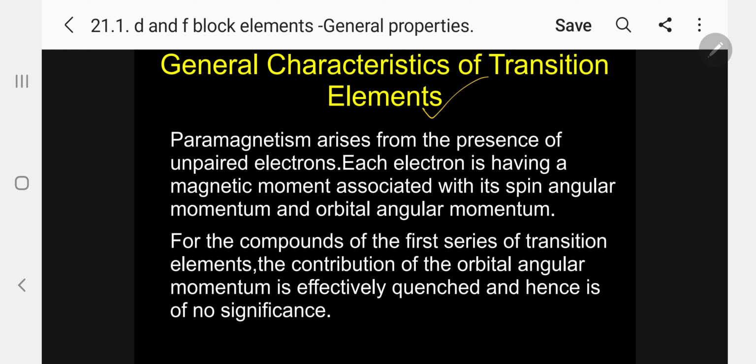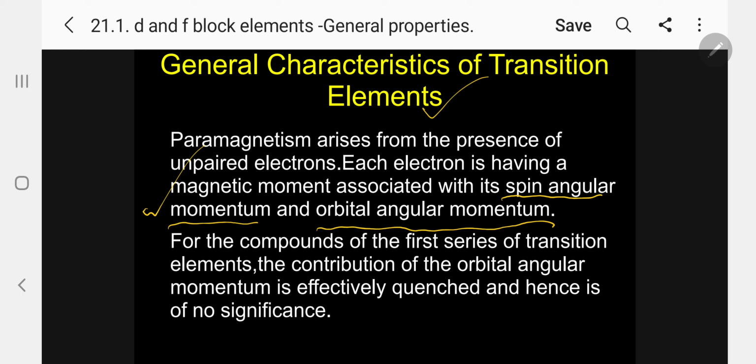Each electron has a magnetic moment associated with its spin angular momentum, because of its rotation, and also orbital angular momentum. So when you want to calculate the magnetic moment, you have to consider the spin angular momentum and the orbital angular momentum.